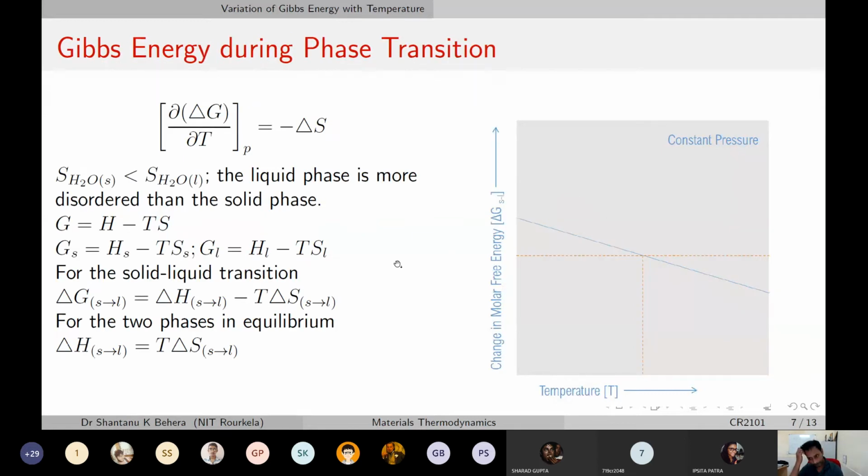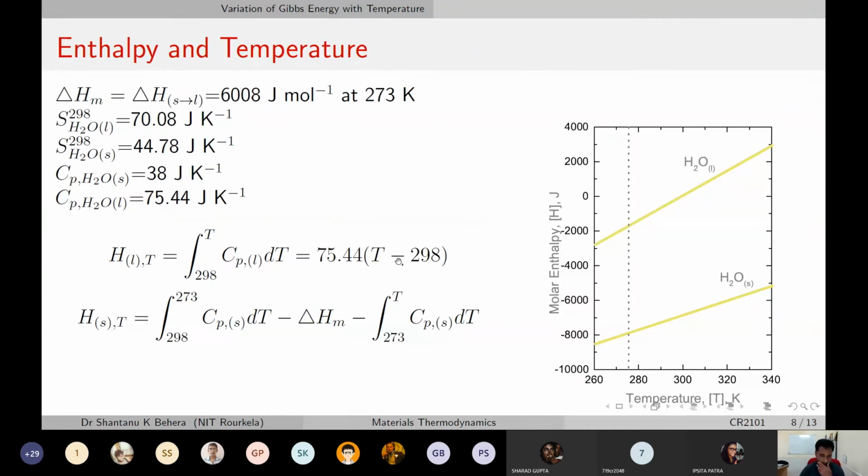So this is some of the numbers that I put here. This is how enthalpy varies with temperature. Now, you know that delta H melting, the latent heat of melting for the solid to liquid transition, is 6008 joules per mole at 0 degrees Celsius, say at 1 atmosphere pressure.